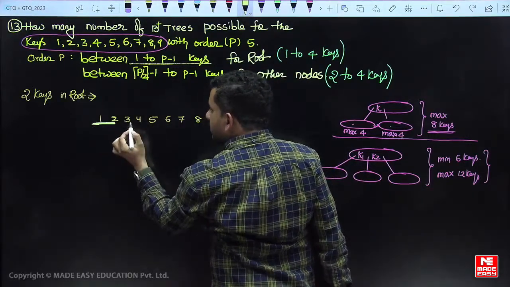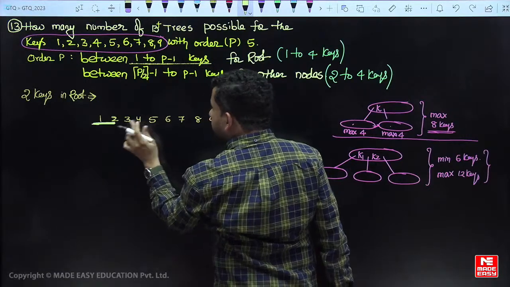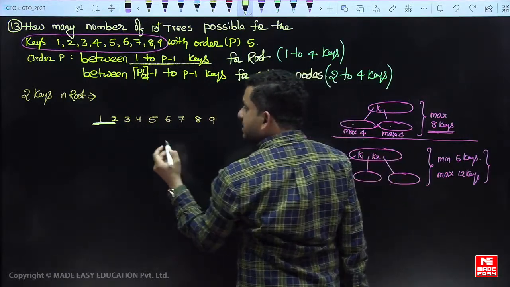If I take 2 keys here, the remaining 7 keys are there.